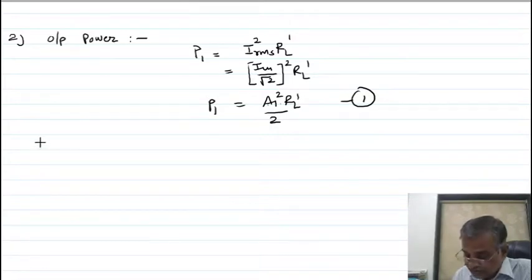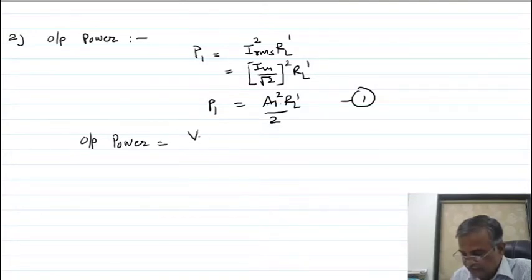You can also use a second equation for the output power. Output power can also be calculated as Vrms into Irms. It is nothing but Vm by root 2 times Im by root 2.